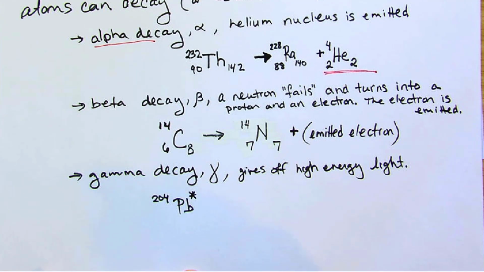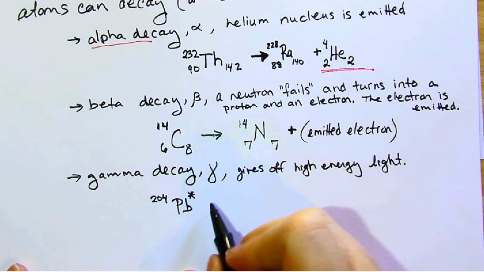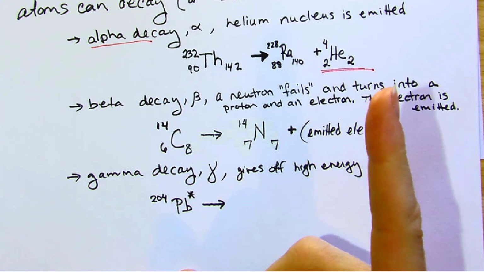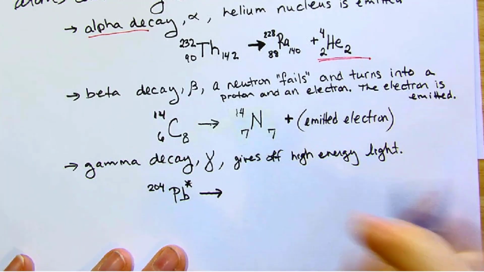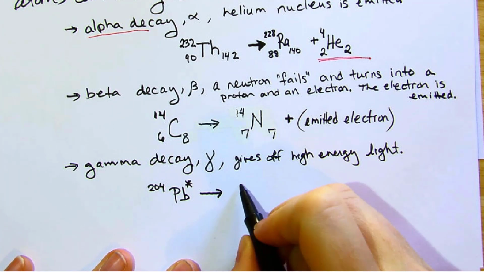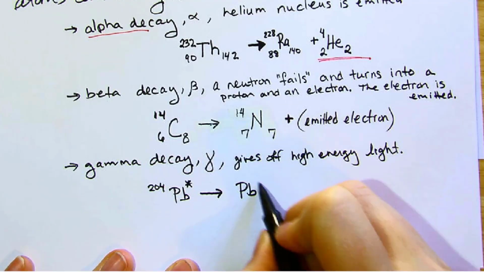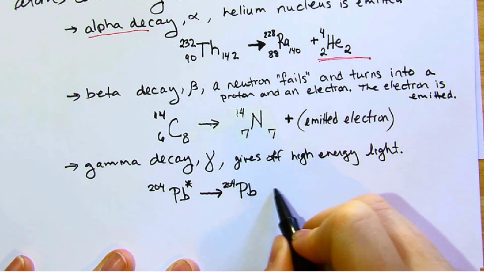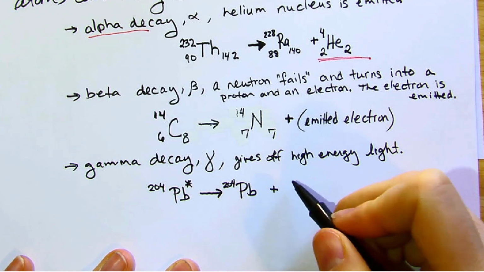Its electrons would be in a high energy state. And then when the electron moves to a lower energy state, which we haven't really talked about yet, so just go with it for now, it would become a lower energy form, so we don't have to put that little star here. It's going to lose some energy and just kind of give off high energy light.